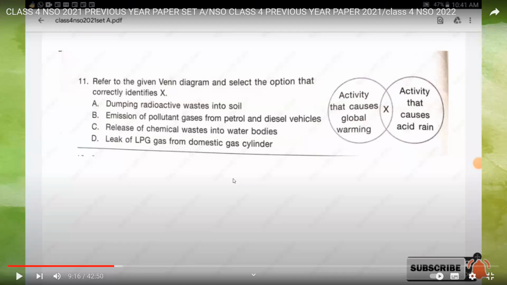Ma'am, option B. Emission of pollutant gases from petrol and diesel vehicles.